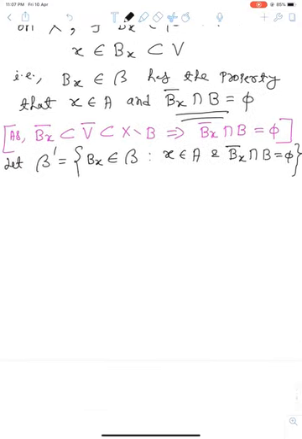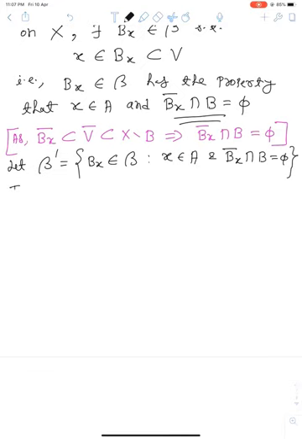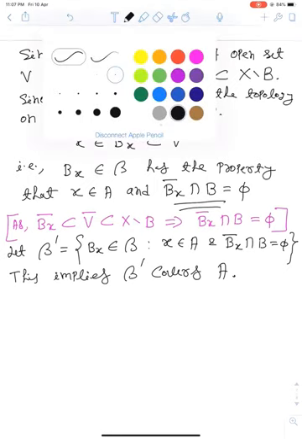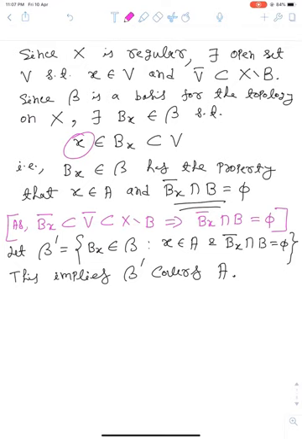Now this implies beta dash covers A. That means beta dash is an open cover of A. So why does this cover A? Because here x is arbitrary, right? That means whenever we have a point in A, we always get such a Bx, and we are taking all of this collection beta dash. That means beta dash covers A.